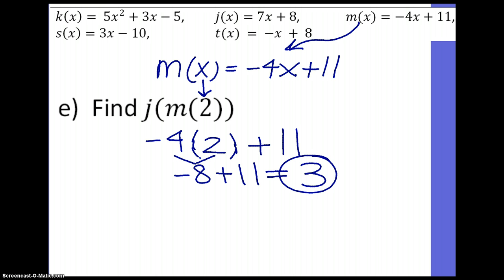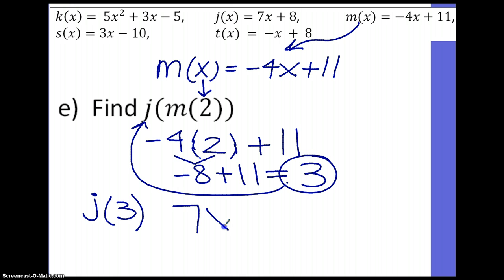So now we have to uncover that j. And we're going to take the 3 and plug it in for the j equation. So what we're doing is we're finding j of 3. So j is 7x plus 8. But since x, we're going to plug in the 3. So we plugged in 2 for m, we got that number out, and now we're going to plug it into j. So we plug it in for the x here.